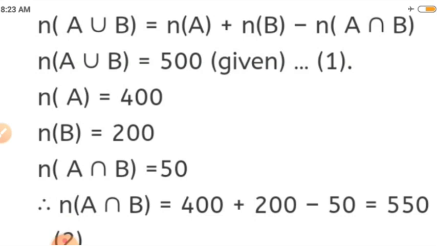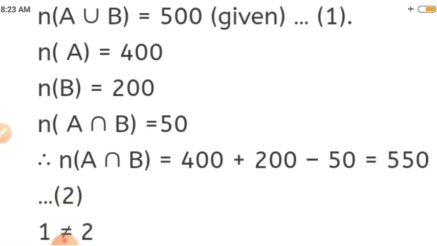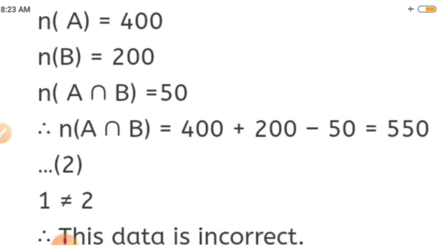Using the addition formula, n(A ∪ B) = 400 + 200 − 50. 400 plus 200 is 600, and 600 minus 50 is 550. This is equation number 2.